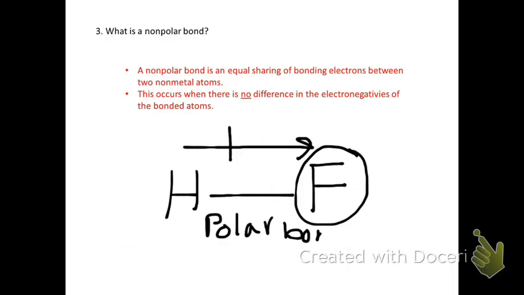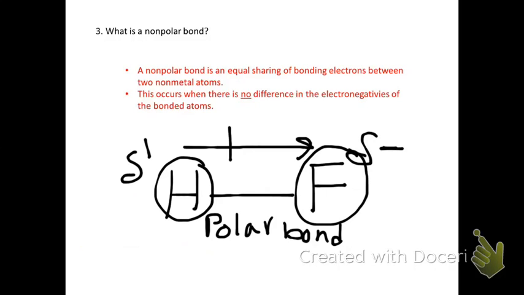And the more electronegative atom, fluorine, is going to be partially negative, and the hydrogen then is going to be partially positive. And we have our two polar regions in this bond.